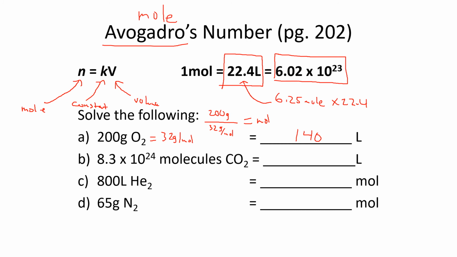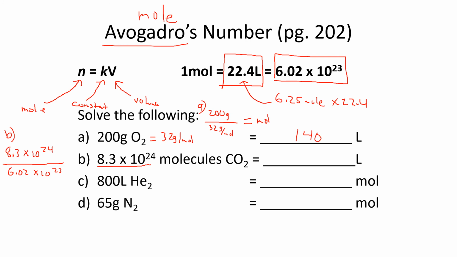So your strategy is first you have to figure out how many moles. So we have this many molecules. How many moles is that? Take that number. So this is A. For B, to find moles, I have 8.3 times 10 to the 24 molecules divided by 6.02 times 10 to the 23rd.